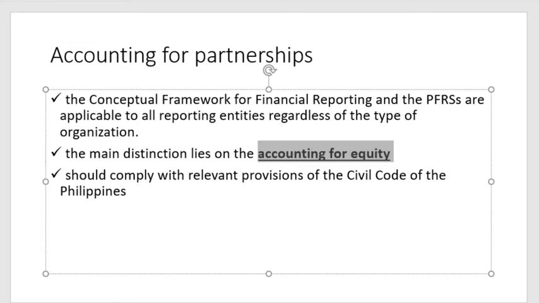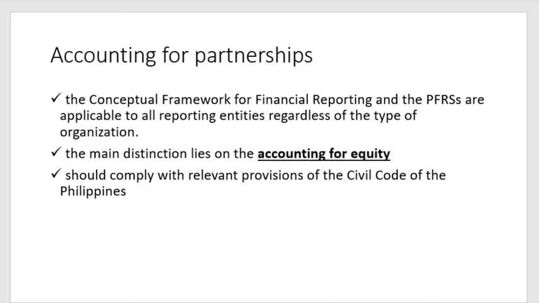Later on, you will appreciate this when you use the terms partner A capital, partner B capital, drawings, the drawings accounts should comply with relevant provisions of the Civil Code of the Philippines. So there are appropriate relevant provisions of the Civil Code na i-insert natin from time to time on our discussion.